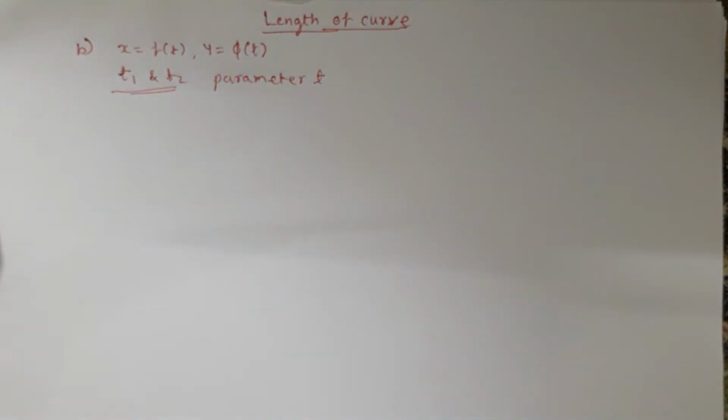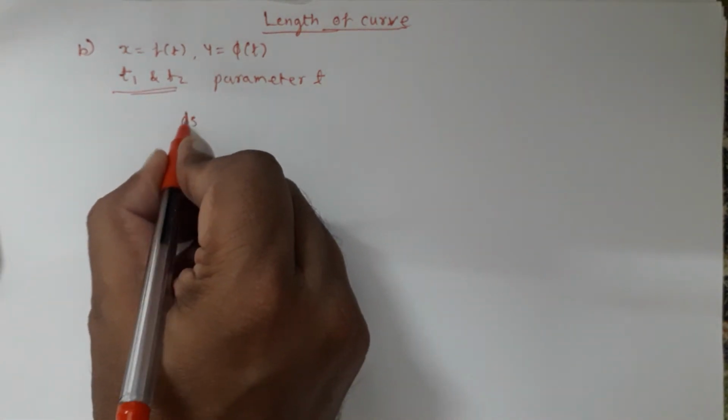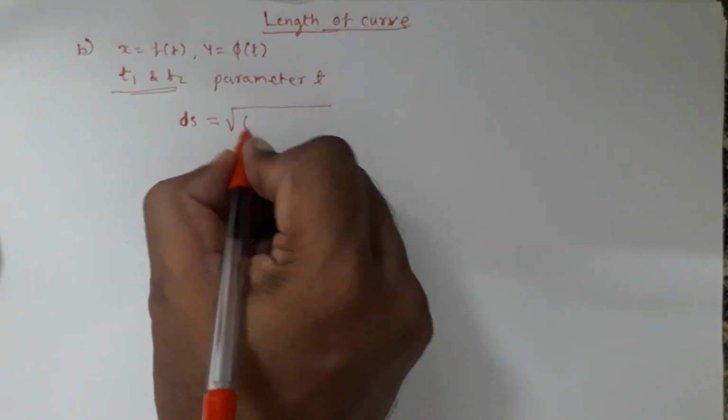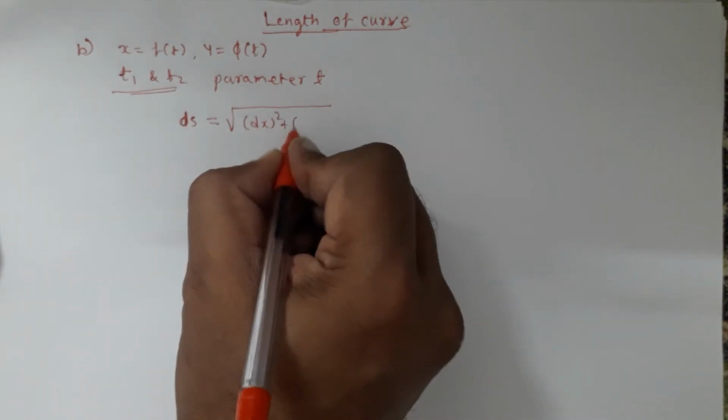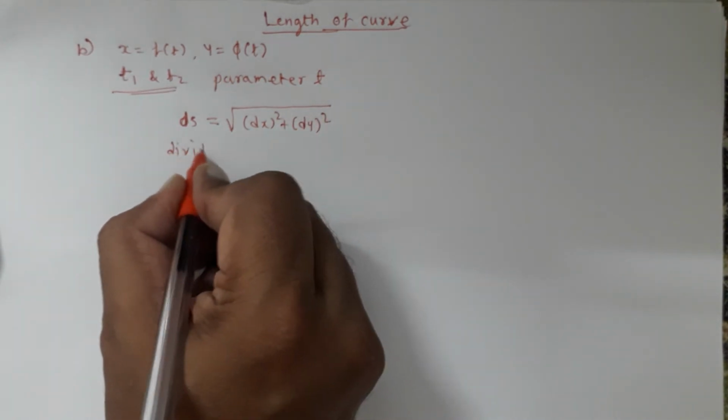Now we already have obtained the equation for elemental length: ds is equal to root of dx square plus dy square.